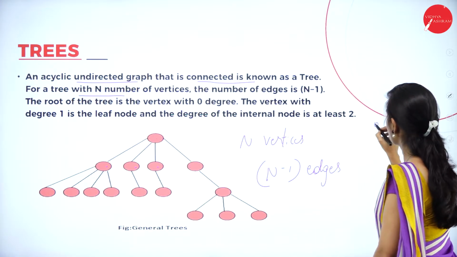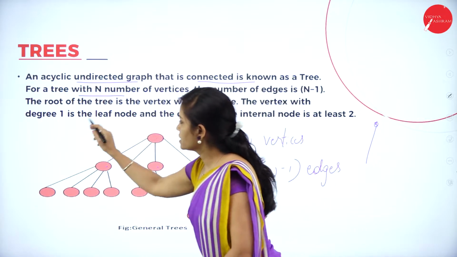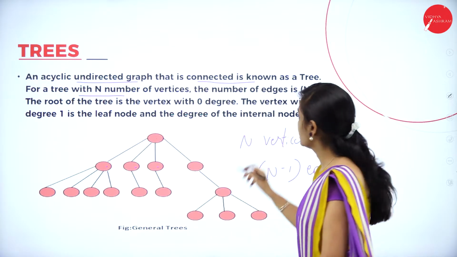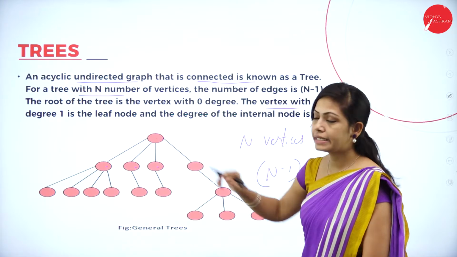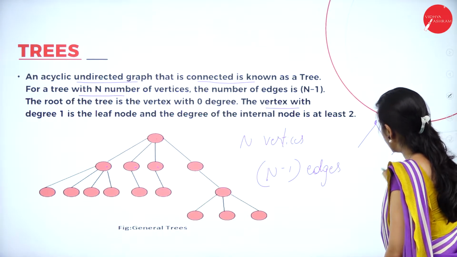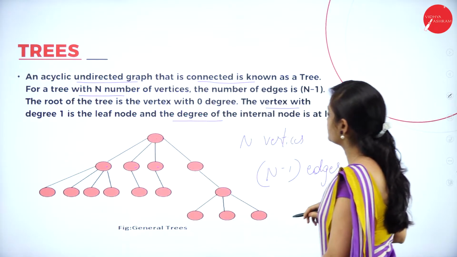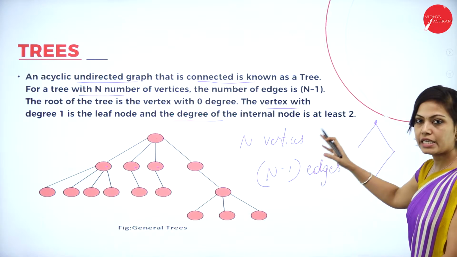A vertex with degree 1 is the leaf node and the degree of the internal node is at least 2.